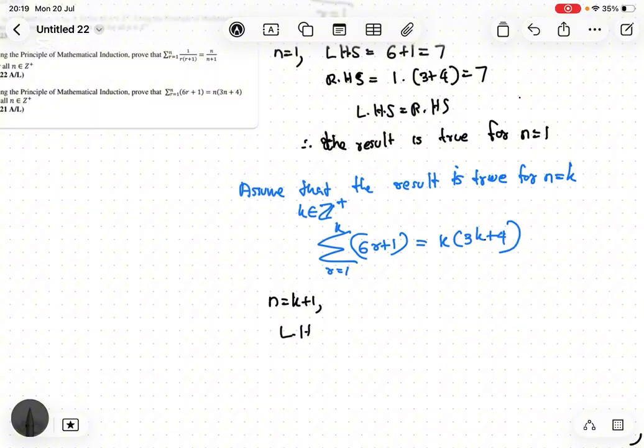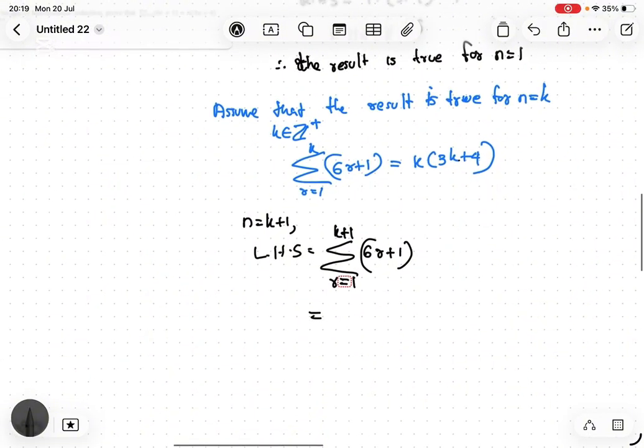the left hand side is equal to the sum from r equals 1 to k plus 1 of 6r plus 1. So I can further write this by breaking it: taking the sum from 1 to k, and adding the k plus 1 term separately.